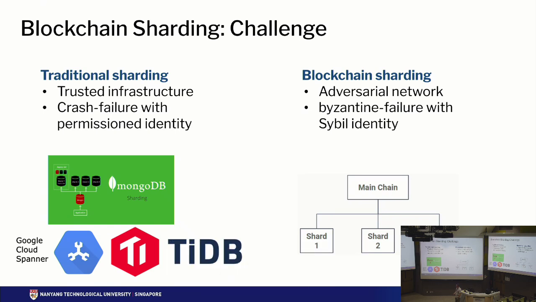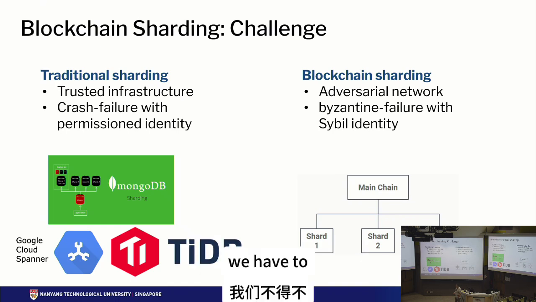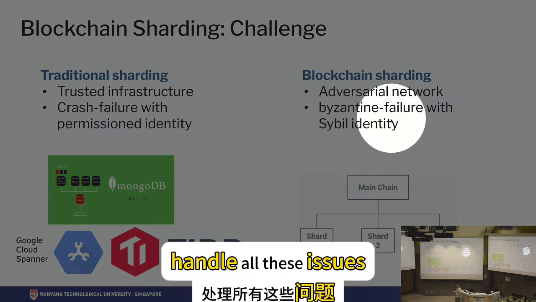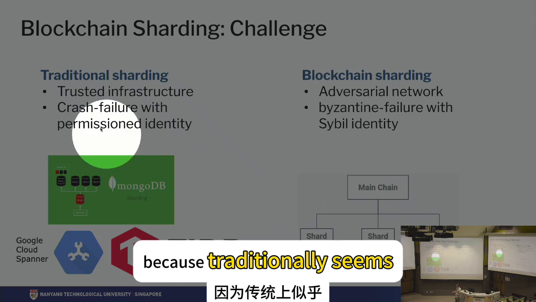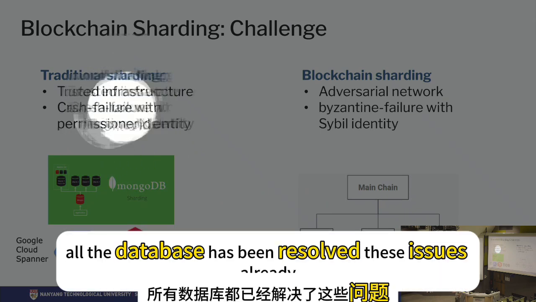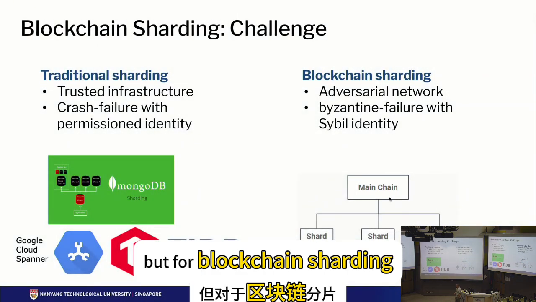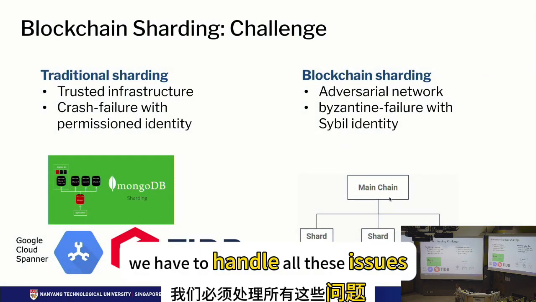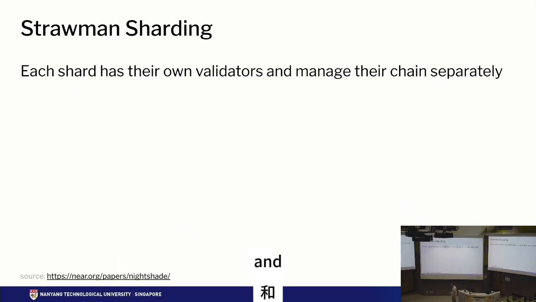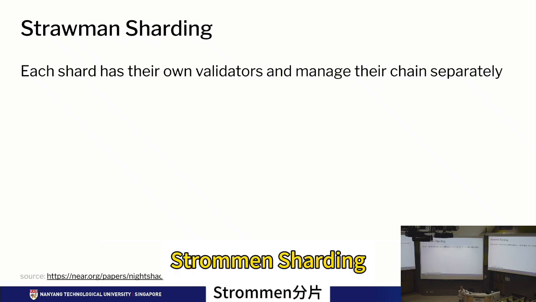That's why, when we talk about blockchain sharding, we have to handle all these issues, because the traditional database has already resolved these issues, but for blockchain sharding, we have to handle them. The very initial version of sharding is a solution called strawman sharding.